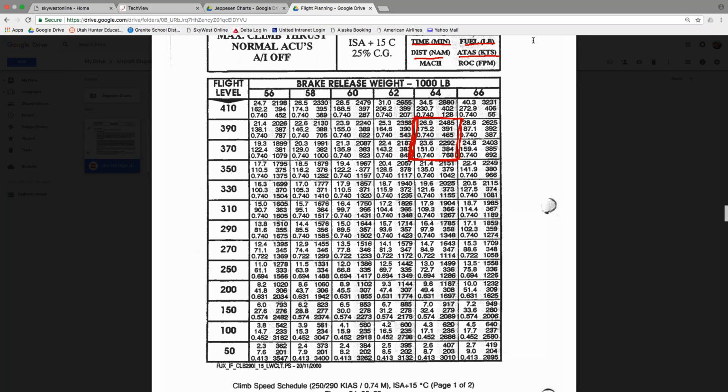So we're using the 0.74 Mach chart. We're not even worried about it. It's going to be 0.74. Okay. Our rate of climb, we don't care about, because what we care about is how far it is, how long it's going to take to get there, and how much fuel we're going to burn. Okay.